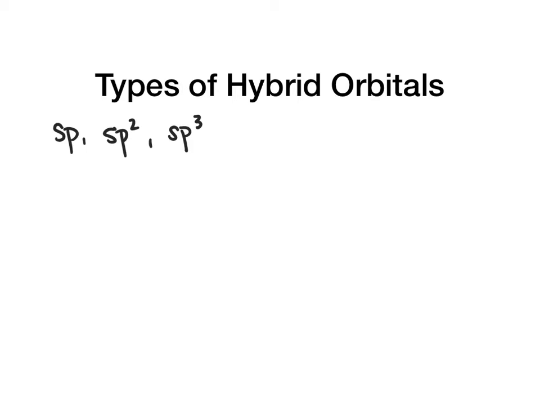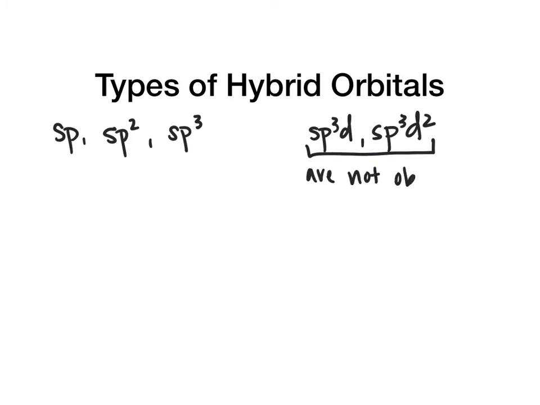You may have heard in other courses of sp3d and sp3d2. While some textbooks talk about this hybridization, one of the things that we believe is that the sp3d and sp3d2 are not observed in this manner.